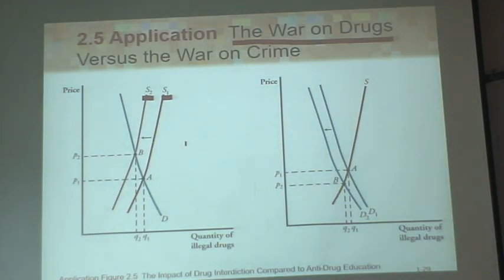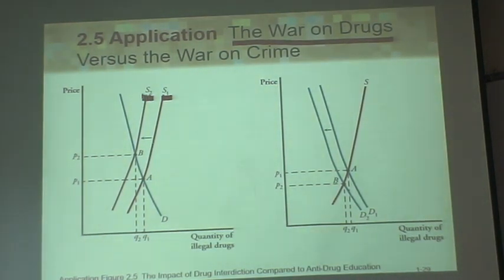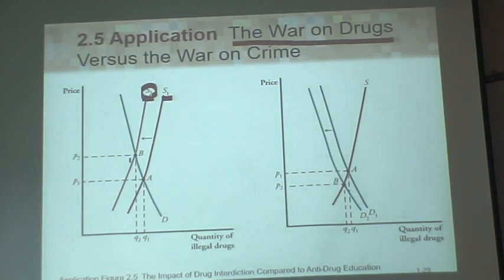So what happened? If you crack down on the drug dealers, the drug dealers will be caught and put in jail, right? So the supply of drugs will go down. Supply of drugs goes down, price goes up, and quantity goes down, right? That's exactly what we hope, to get rid of the drugs on the street.